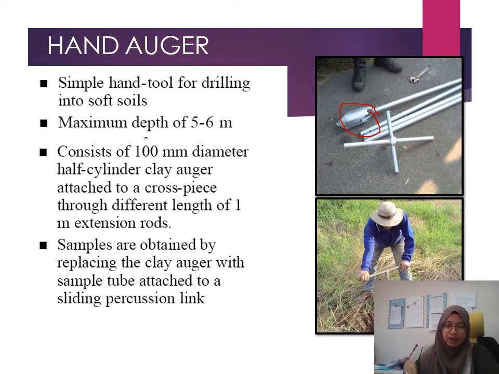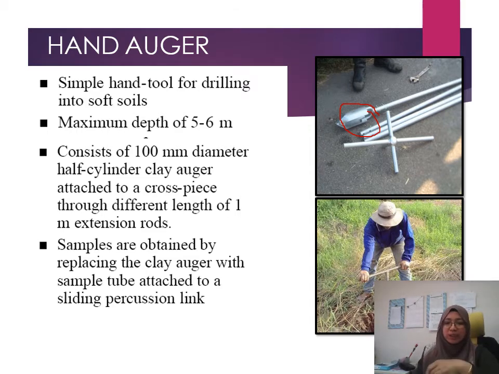We take out the clay auger with the extension rod, and then we replace it with the sampler, insert it back into the borehole, and then we drive it and rotate it to apply shear, so that it can advance into the soil, and then we can take it out to get the soil sample. So that is hand auger.